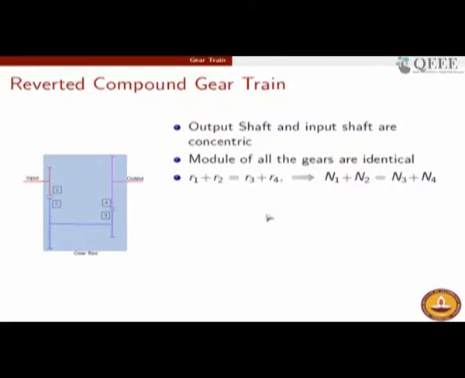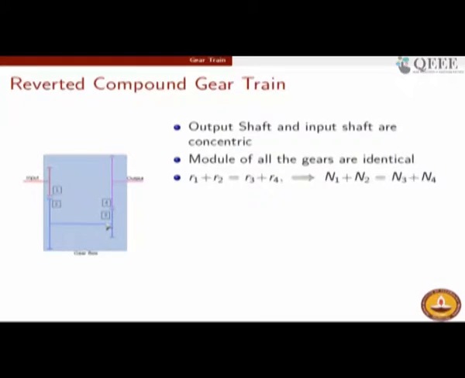And since the module of the gears is identical, it is ensured that the number of teeth in gear 1 plus the number of teeth in gear 2 has got to be equal to the number of teeth in gear 3 plus the number of teeth in gear 4. Again, it is not a technical requirement that the module of gear 2 and gear 3 be identical. The technical requirement is only between 1 and 2, and 3 and 4.